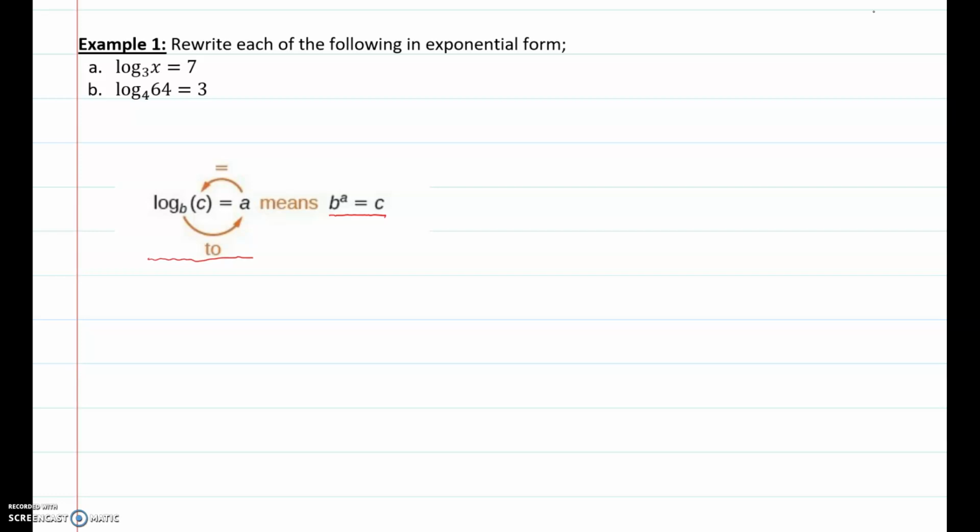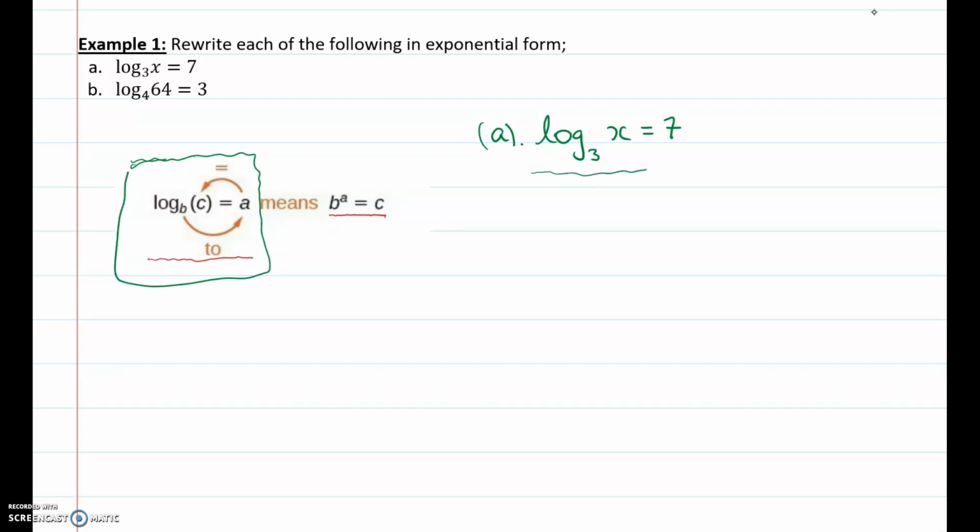Okay, so let's take the first one, a. We have log of x to the base 3 equals 7. If we follow the pattern, compare this statement to this one here. The b is down here, so that's 3.